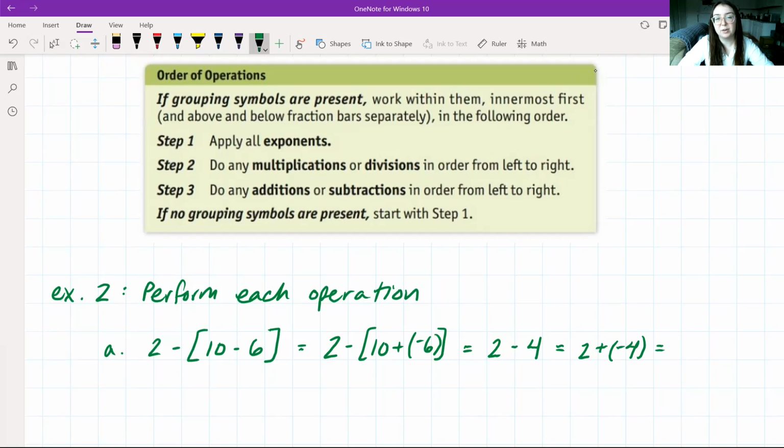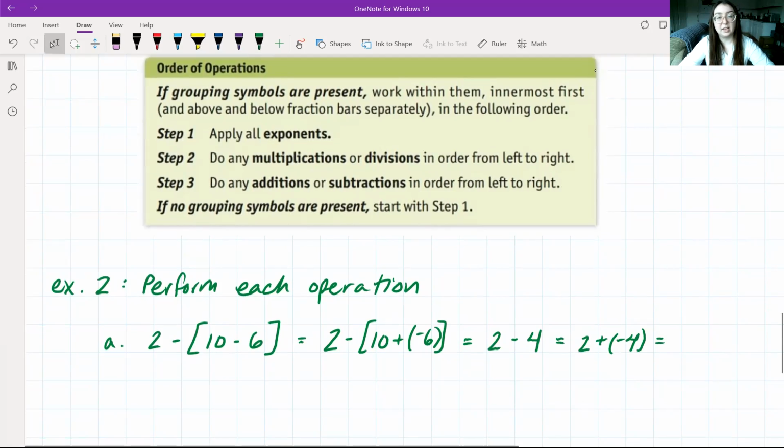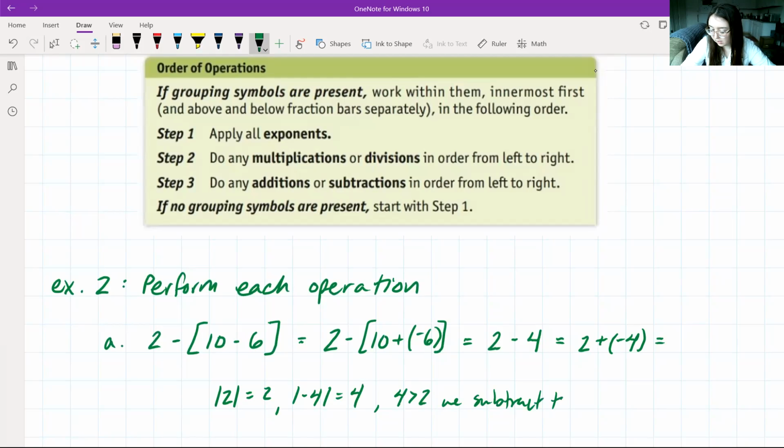And when we add 2 and negative 4 together, we can, remember, take our absolute values. The absolute value of 2 is 2. The absolute value of negative 4 is 4. Since 4 is greater than 2, we subtract 2 from 4, meaning 4 minus 2 is equal to 2.